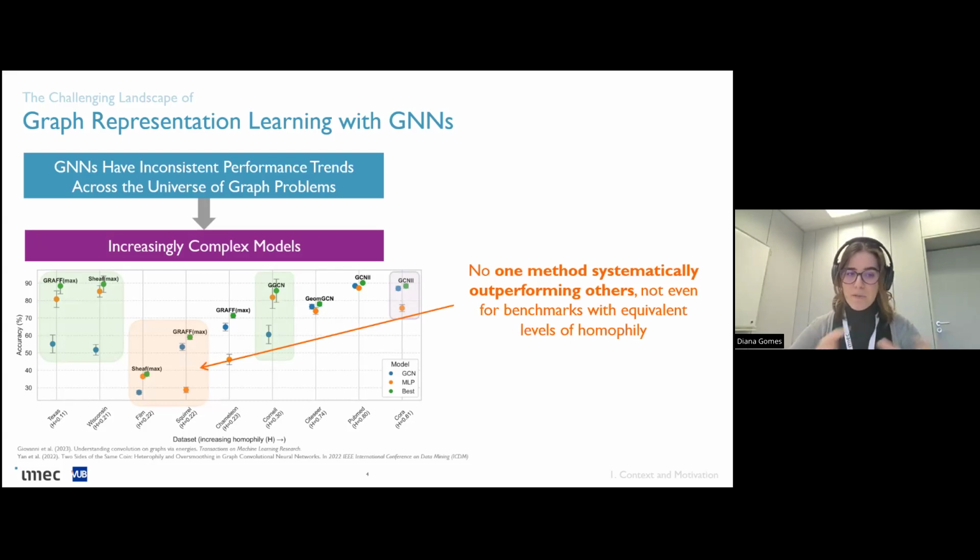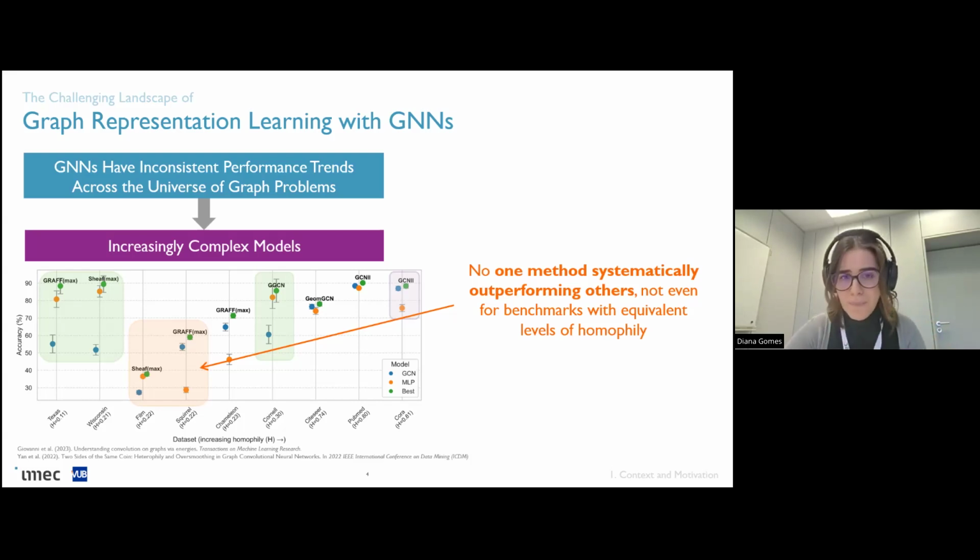So for example, I have here these data sets organized by increasing homophily, just because it's a metric that is very quickly associated sometimes with the performance of GNNs, even though probably, as most of you are aware, there are some problems with this metric as well. But just for the sake of understanding this, one of the patterns that we observe when we look at benchmark results like this is that sometimes there is no one single method that systematically outperforms the other, not even for benchmarks with, let's say, equivalent levels of homophily.